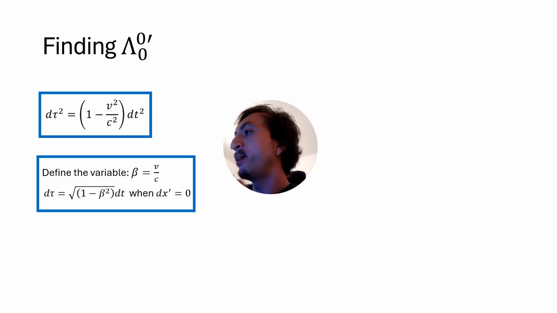So from the moving observer's perspective, the events occur at the same place in space. If that isn't true, then we would have a more complicated expression relating d tau and dt.